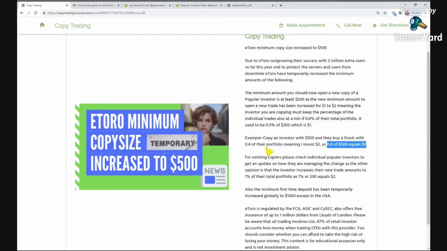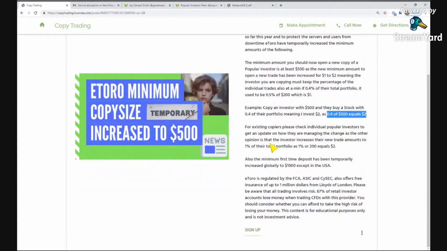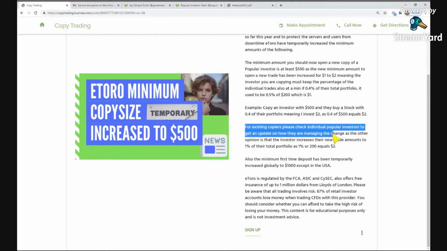So for each popular investor, you have to read their bio and see how they're tackling this issue. For existing copiers, please check individual popular investors to get an update on how they're managing the change. The other option is that investors increase their new trades amount to 1%, because if each of their trades is 1% of the total portfolio and you're copying with $200, 1% of $200 equals $2.